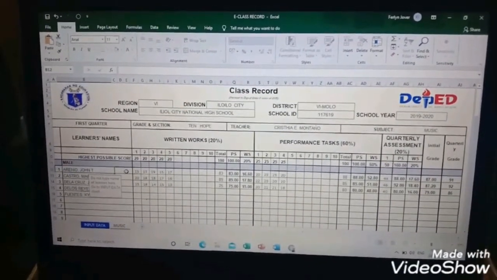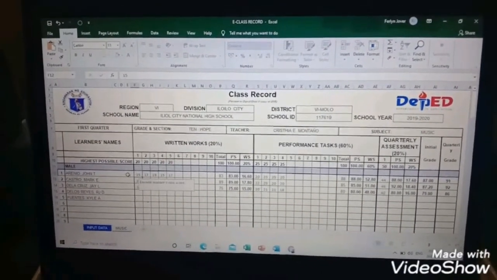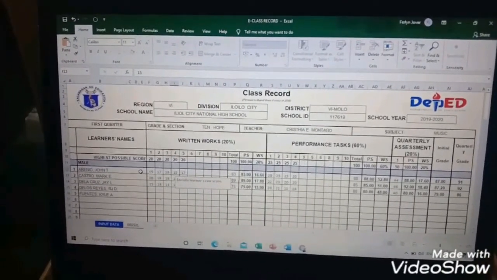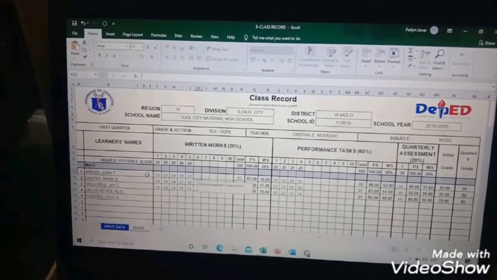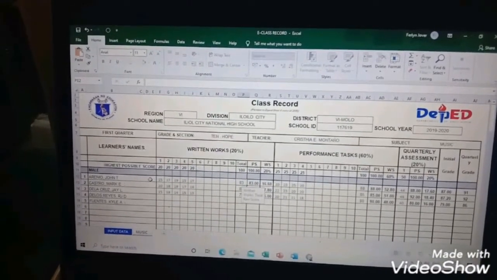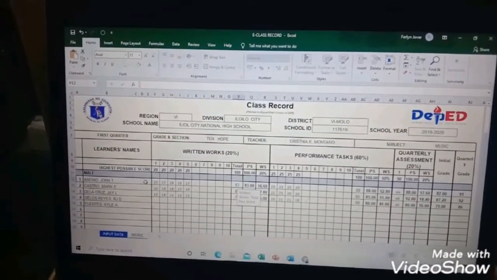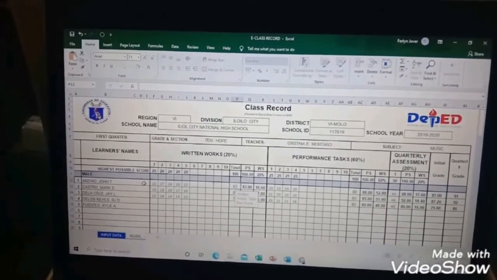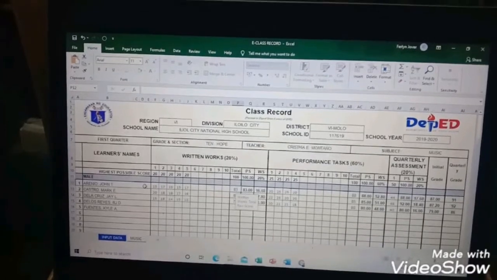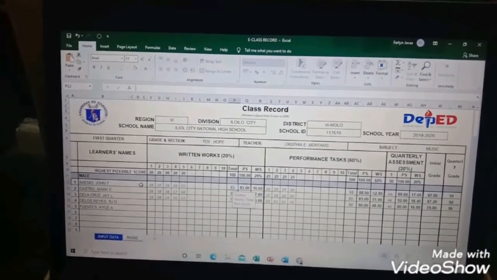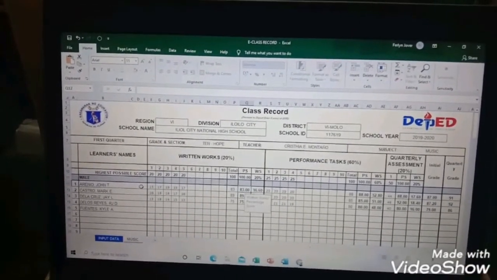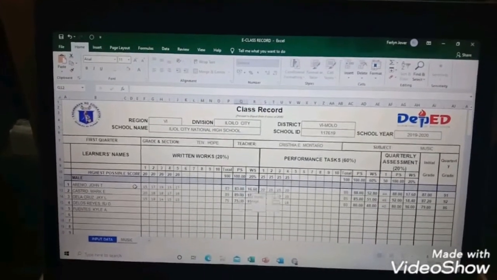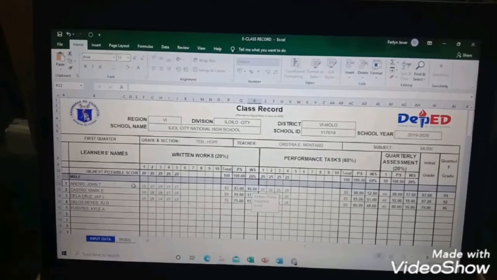The student is Aranyo John. First he got 15, second 17, third 19, fourth 15, fifth 17. So the total is 83 out of 100. 83 divided by 100 equals 0.83, multiplied by 100 equals 83.00, times 0.20 equals 16.60.